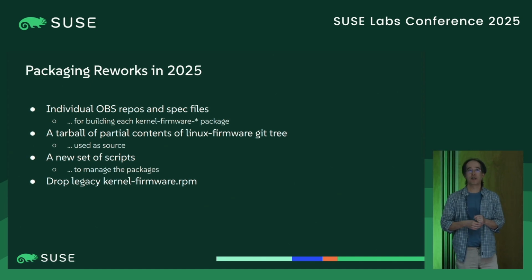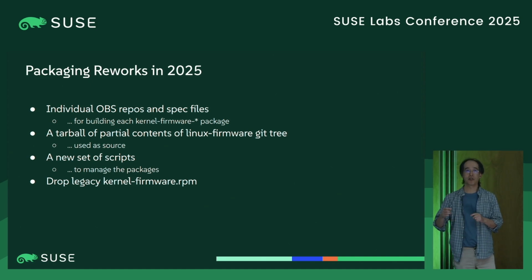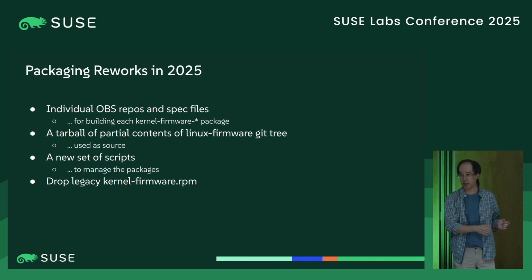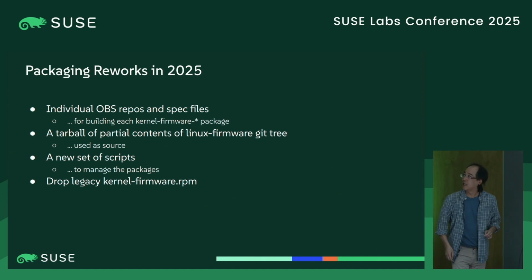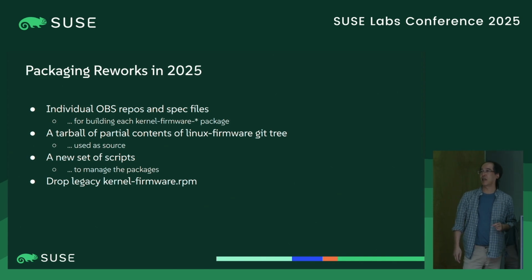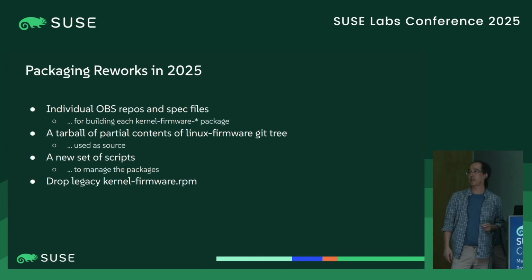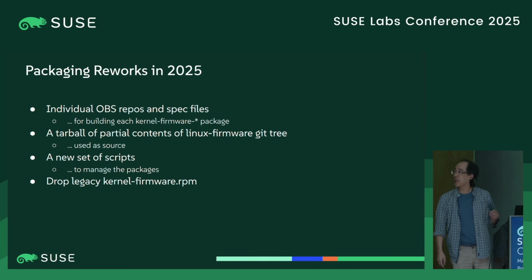And for that, a source tarball is now created dynamically for each OBS repository, containing only the partial contents of the Linux firmware Git tree. Also, the procedure became complex, so I rewrote the whole scripts. And finally, the legacy kernel-firmware RPM was dropped.